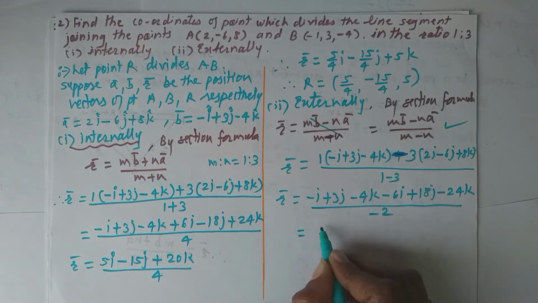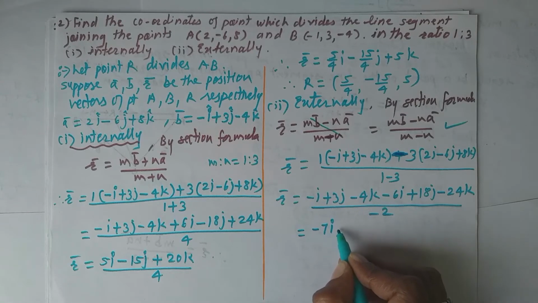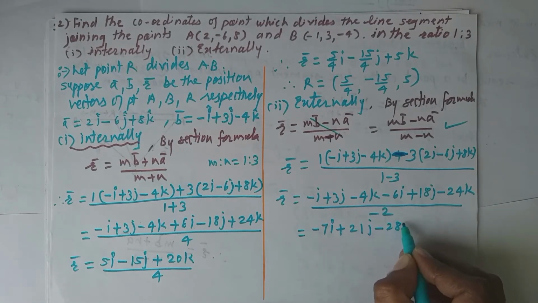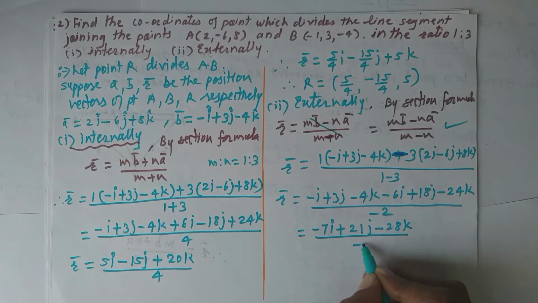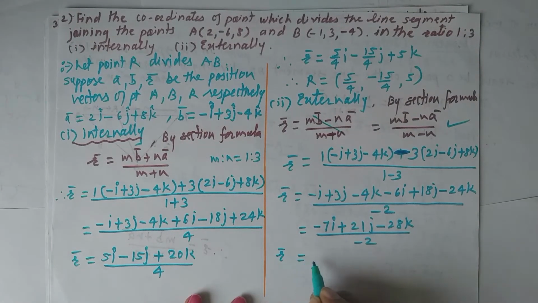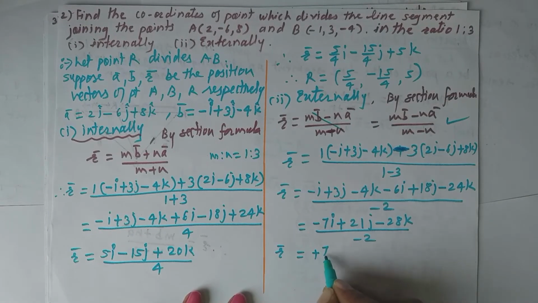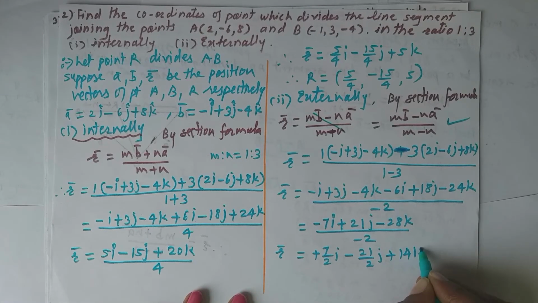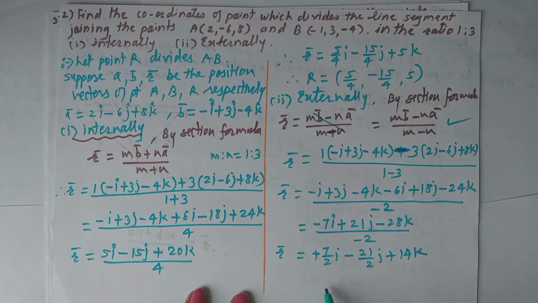Then this will be minus 7i plus 21j minus 28k divided by minus 2. Then R bar will be, minus minus will be plus, 7 by 2 i minus 21 by 2 j and plus 14k. This is the position vector which divides AB externally.